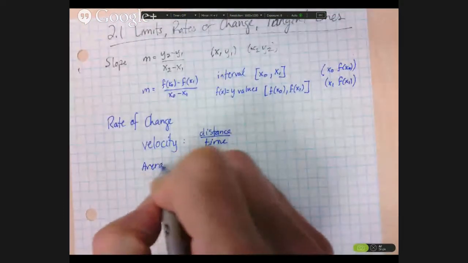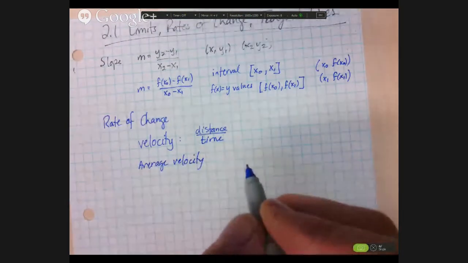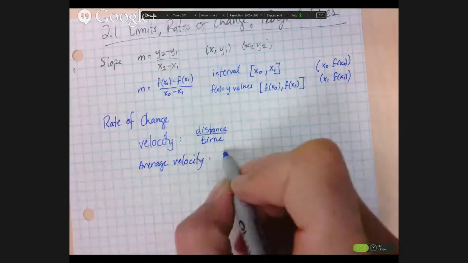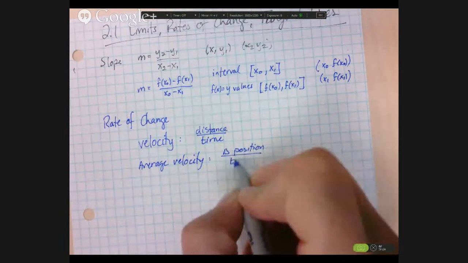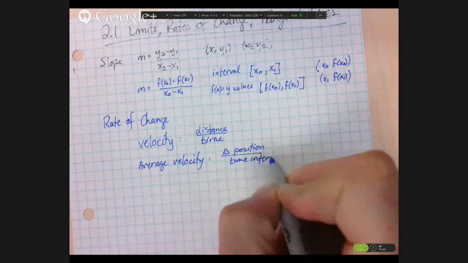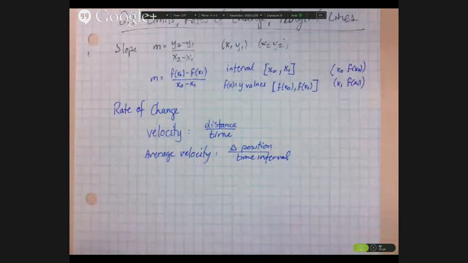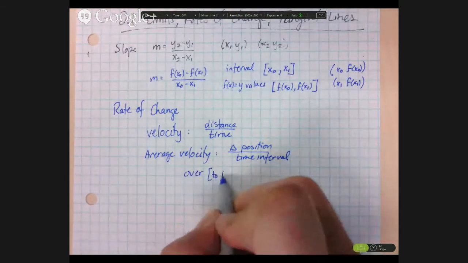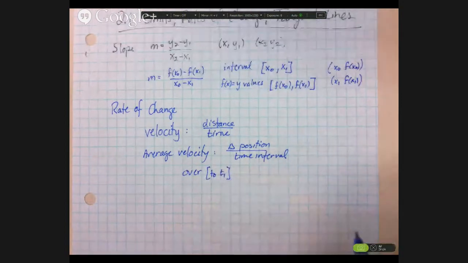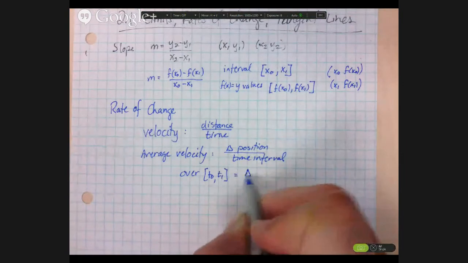Average velocity is a change in position over a time interval. All right, so it would be something like the velocity over that interval from time 0 to time 1 is the change in position over change in time.